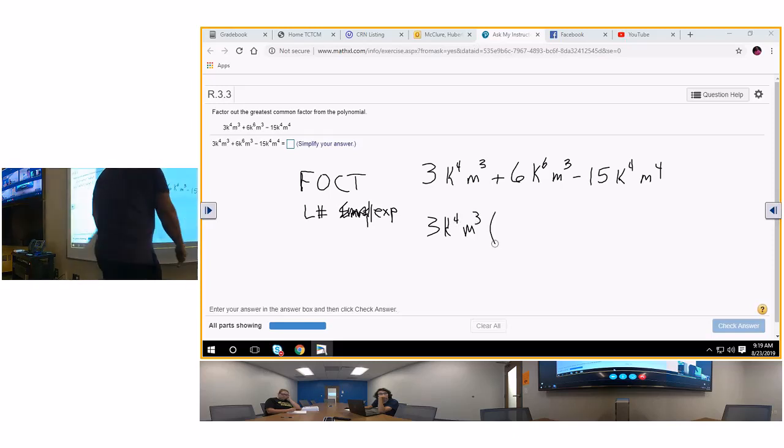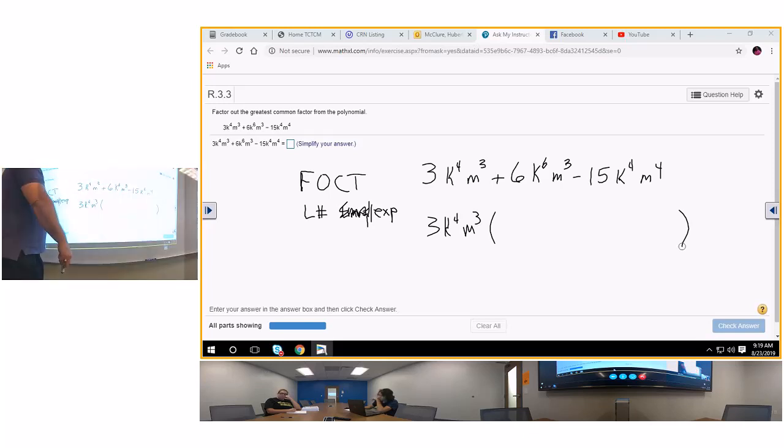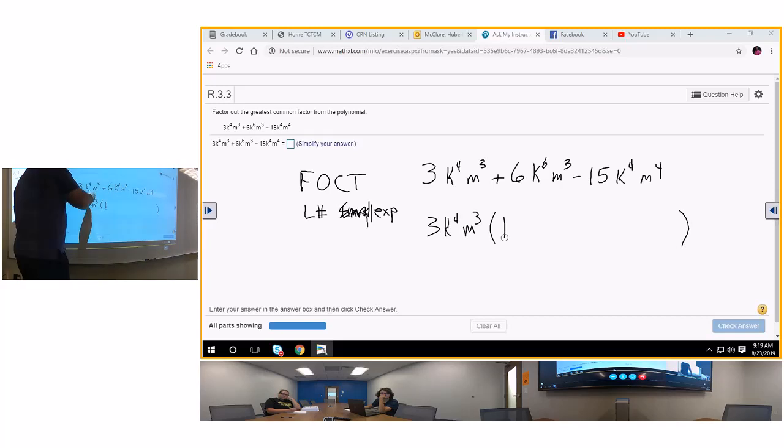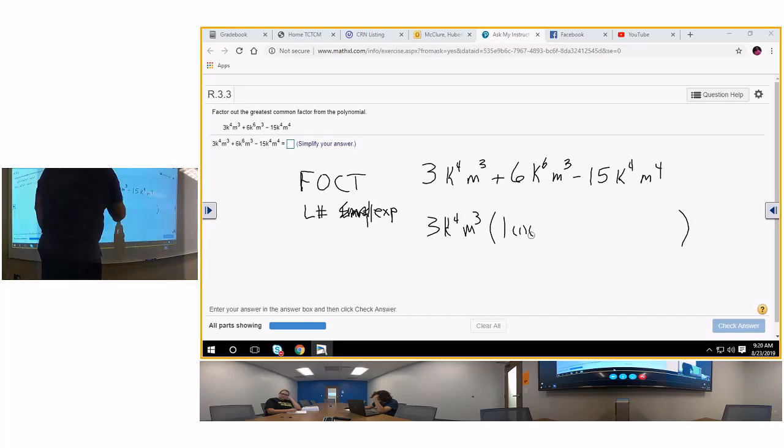And now you use basic math and your law of exponents. What's 3 divided by 3? What's k to the 4th divided by k to the 4th? What's m to the 3rd divided by m to the 3rd? What's 6 divided by 3?